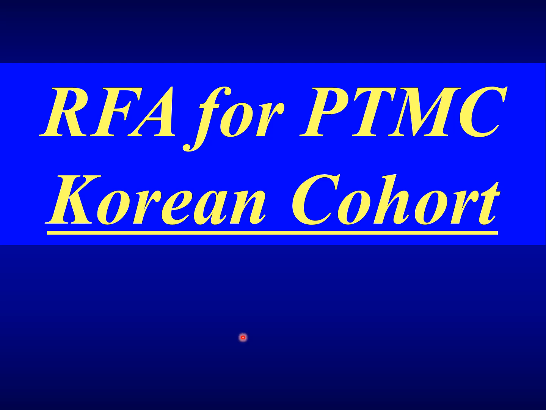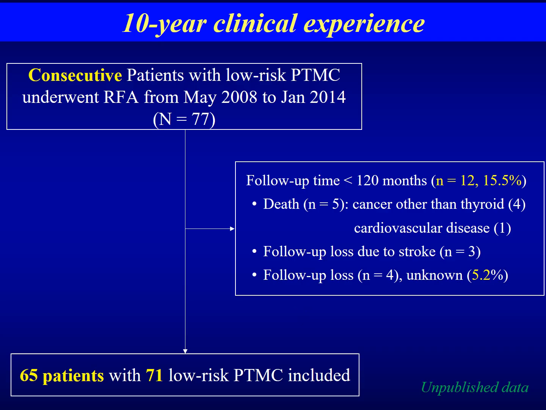Let me introduce RFA for PTMC at our Korean center. Here is a 10-year clinical experience of our Korean center. This study enrolled 71 low-risk PTMCs from 65 patients. This is unpublished data.